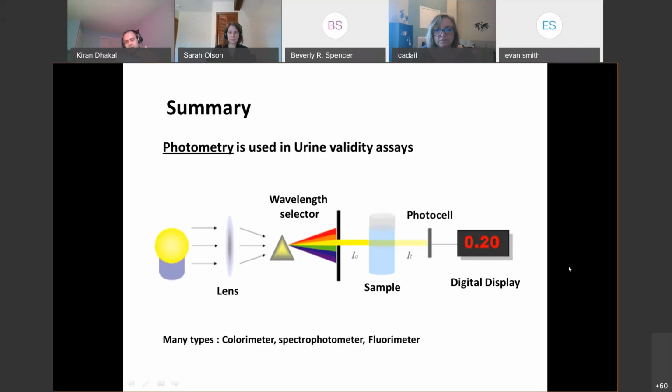And we have a device with a specific wavelength that passes through a urine specimen, and then that particular wavelength will hit the photocell and give a signal. So photometry is the general principle for all the validity testing, and there are various types of photometry analyzers, which use many modifications of this principle, such as colorimeter, spectrophotometer, or fluorimeter.